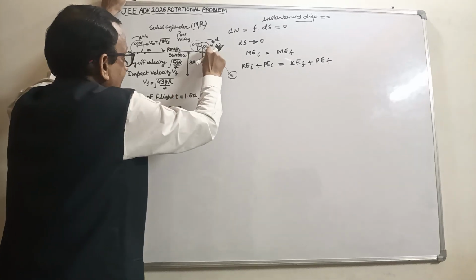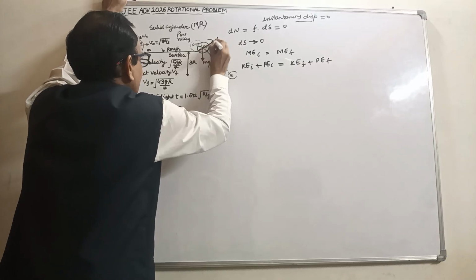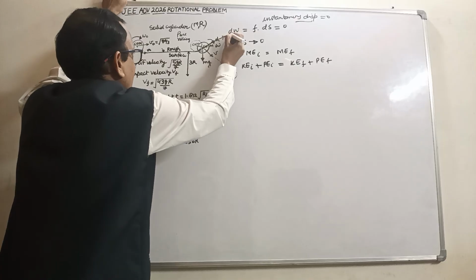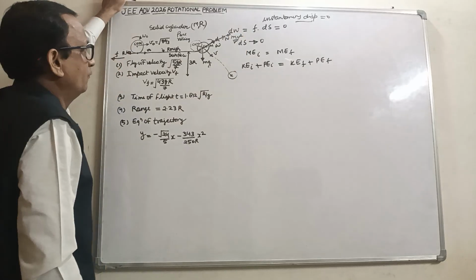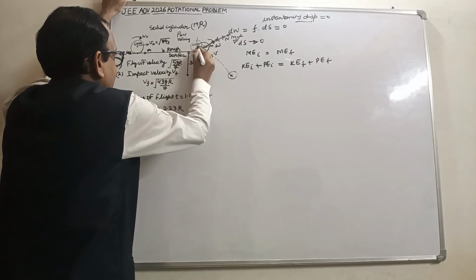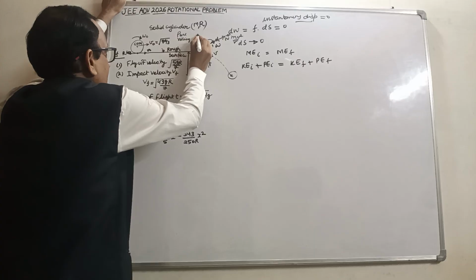But here the normal is acting, suppose this is the normal, and the centrifugal force is also acting, which would be mv square upon r. Suppose this angle is theta from the center of mass.